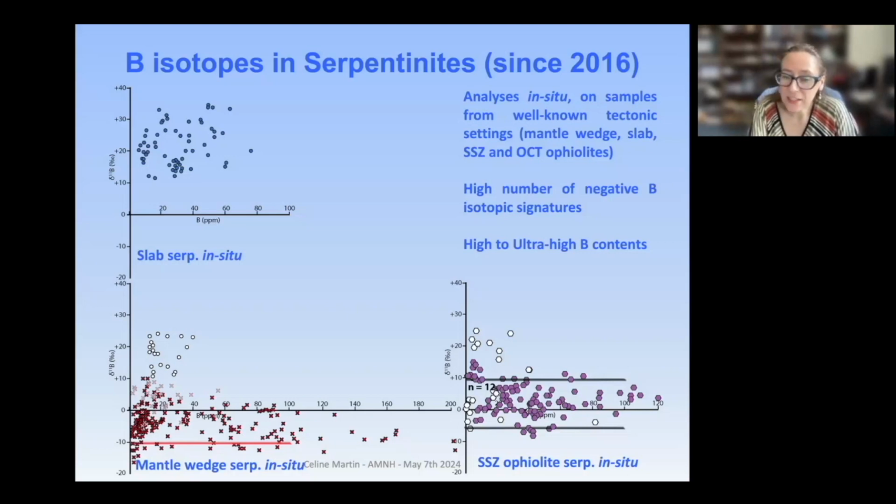We have also significantly increased the number of subduction zone ophiolite data, in purple here, and they match pretty well what was published before. Also, on the mantle wedge serpentinites, we have seen very high boron content, here up to 200 ppm, but even higher in some samples.